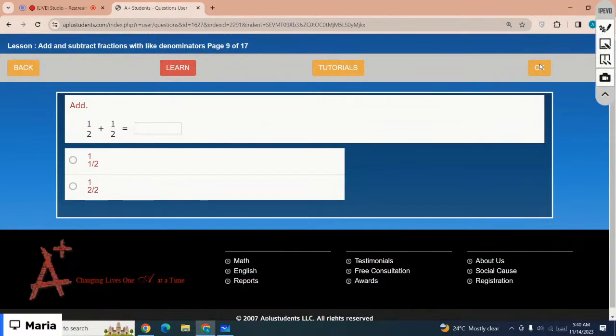Yes, the correct option is 2 over 2, because if you divide 2 by 2, the answer is 1, right?